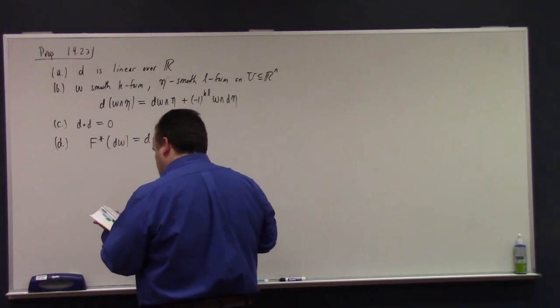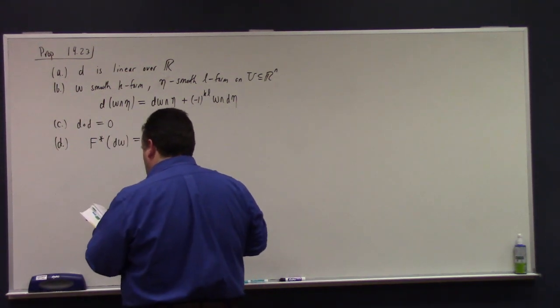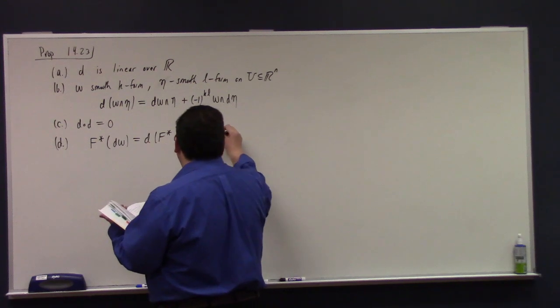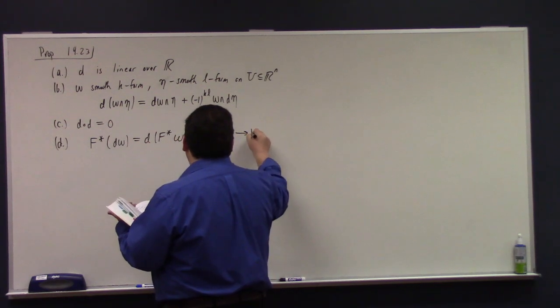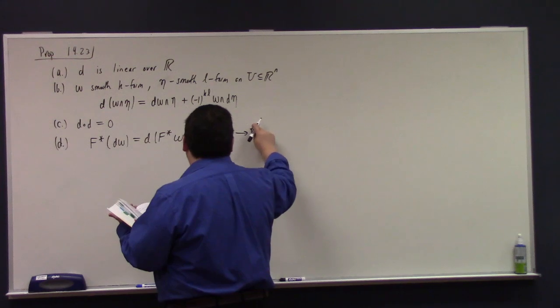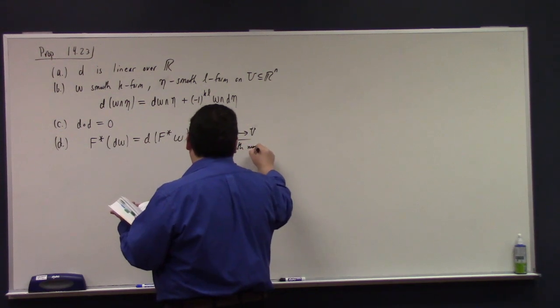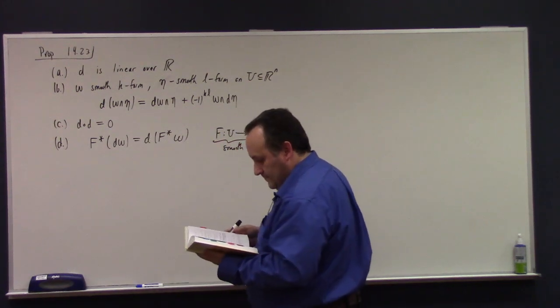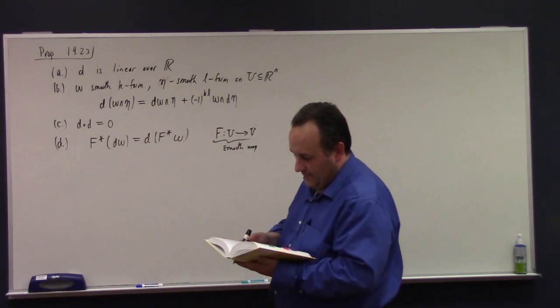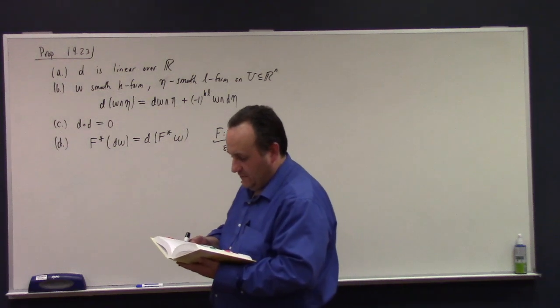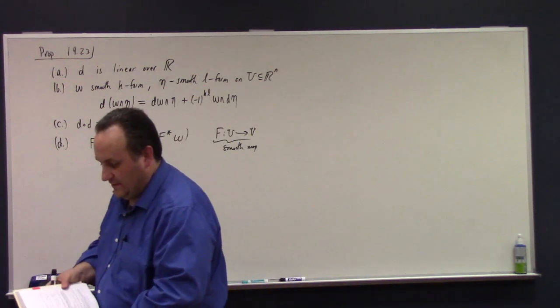So here we have F, U to V a smooth map. All right, and he proves this through pretty much just explicit calculation.